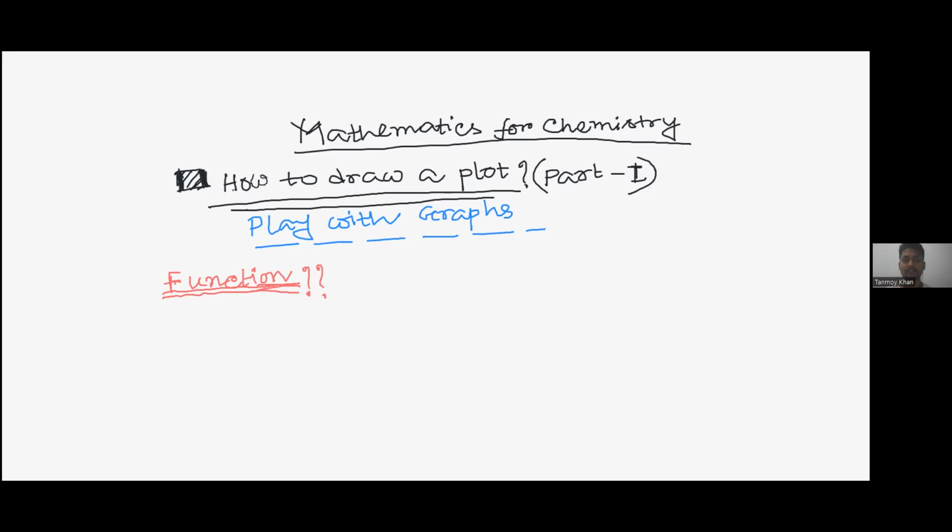If you can represent it, it will be very beneficial for understanding. I call this lecture "Play with Graphs". This is a famous book also. You can find it in a bookstore, online or offline, and I will be mainly following this book as well.